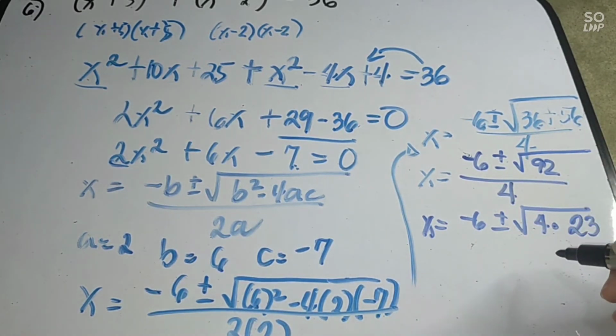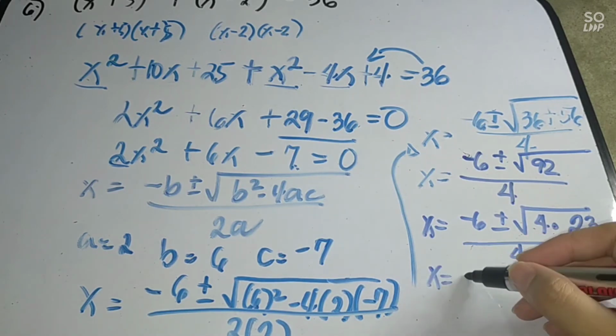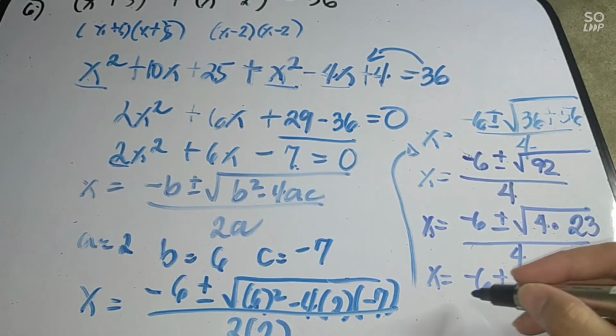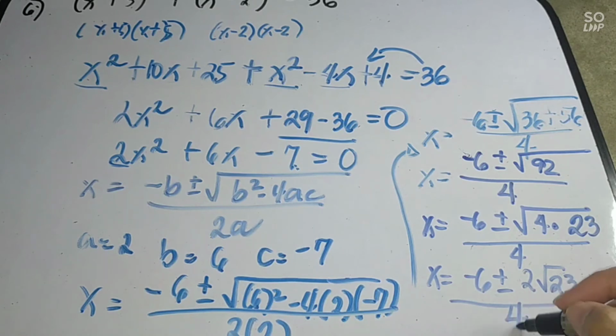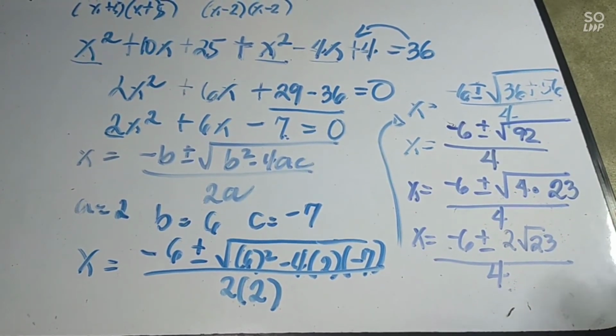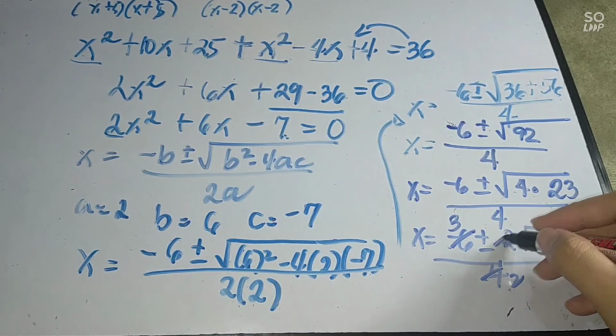So, that's the factor. So, over 4 tayo. Then, x is equals to negative 6, positive and negative. Square root of 4, we have here 2, square root of 23. Then, over 4. Since si 6, si 4, si 2 are divisible to each other, so pwede natin siyang i-simplify pa. Cancelled out to, magiging 3. Ito magiging 2. Ito magiging 1.